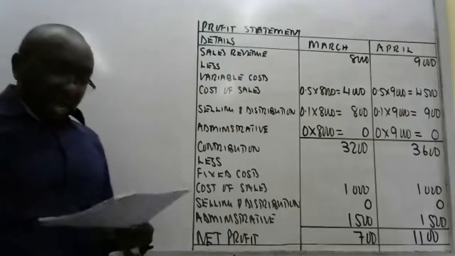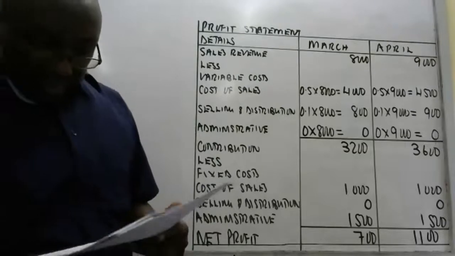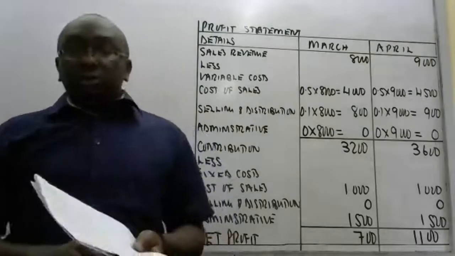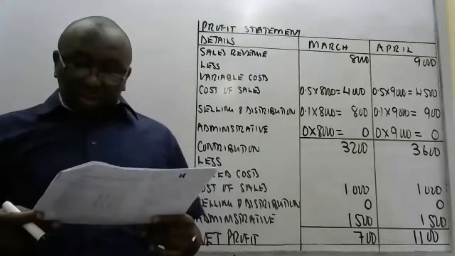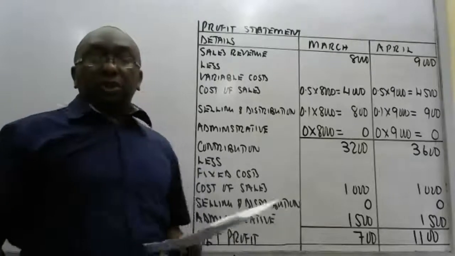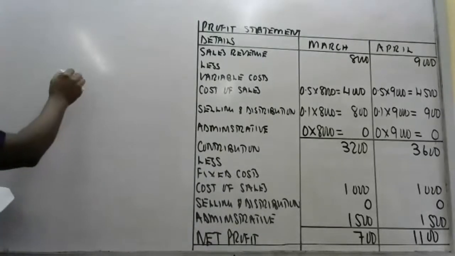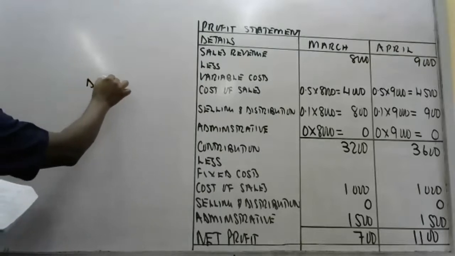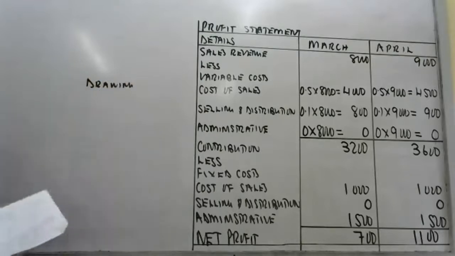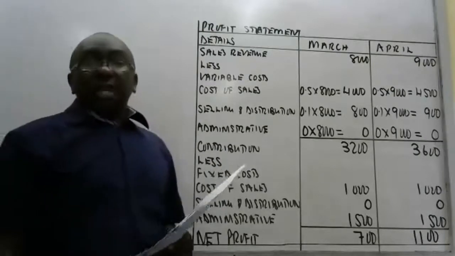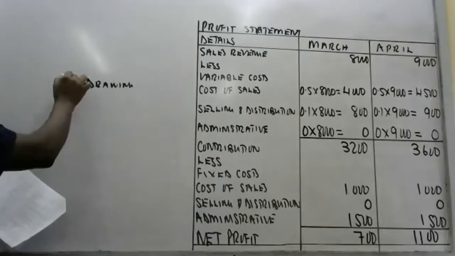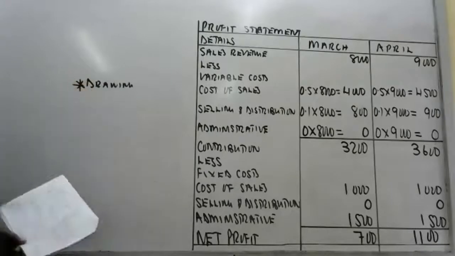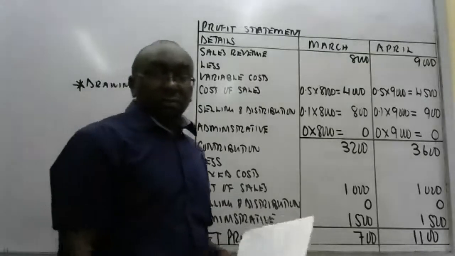If you look at Roman 2, we are told to draw a contribution break-even chart. Now, drawing is no longer part of your syllabus, so that one we will not do.